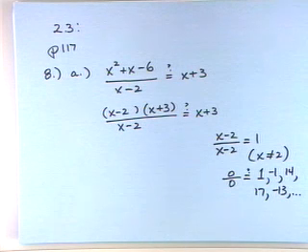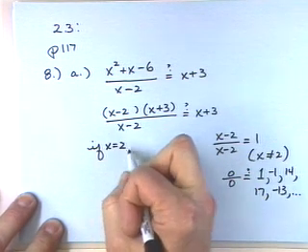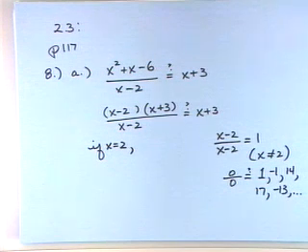So has the distinction been made then between the left side and the right side? The distinction is that we cannot be 100% sure that x is not 2. Therefore, if x were allowed to be equal to 2, then the left side would be what? 0 over 0?